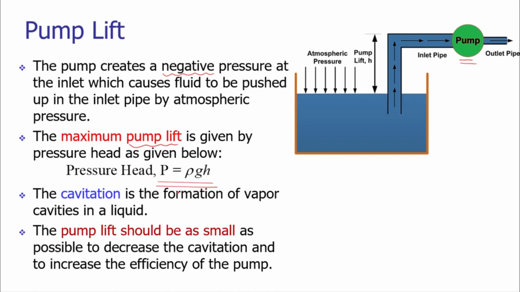When we are working with pumps, a lot of heat energy is generated due to the high frequency operations, particularly in the reciprocating pumps. Since the volume is less, we have to run the pump at a very high RPM, and when high RPM pumps are working, the friction is more, the thermal energy generated is more, and temperatures are very high. These high temperatures convert the liquid into its vapor form.